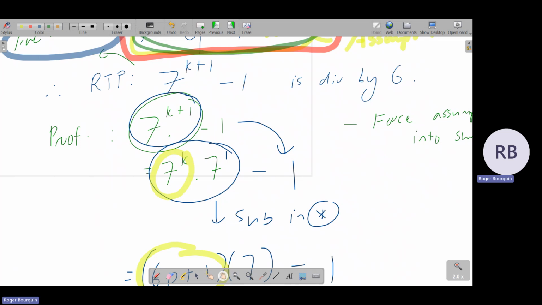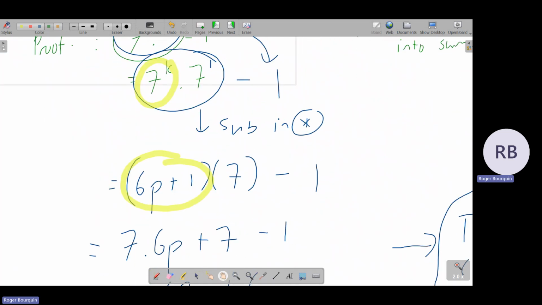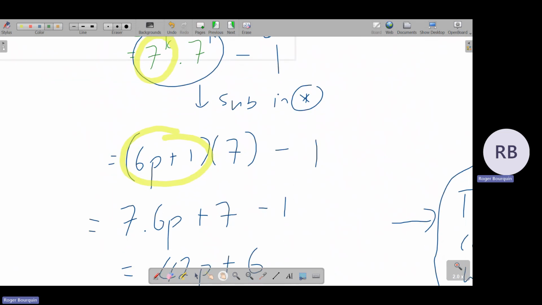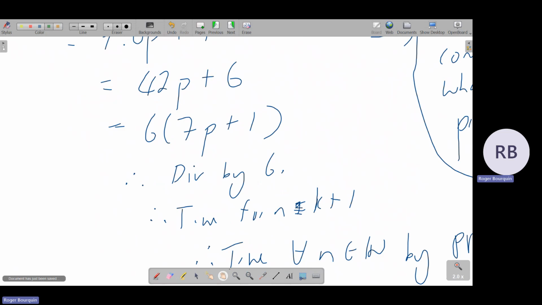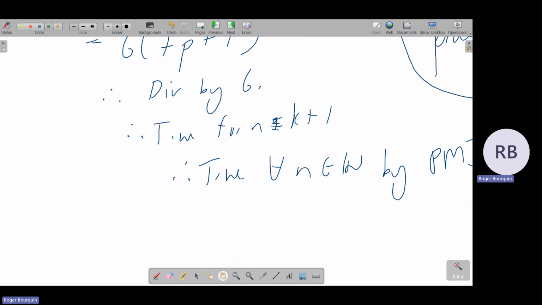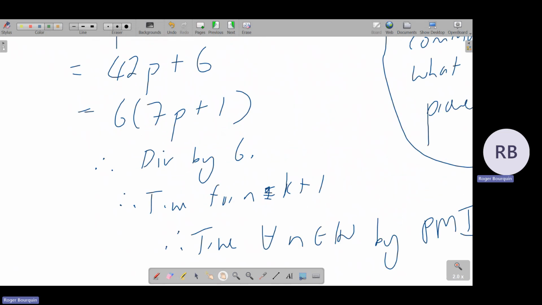So we did that over here. We forced in the 7^k equal to 6p plus 1. And then we hope like hell that we can take out 6 ultimately as a common factor, which we could. And then we go to the whole by n. That is the whole divisibility proof of induction. But let us do another one now.